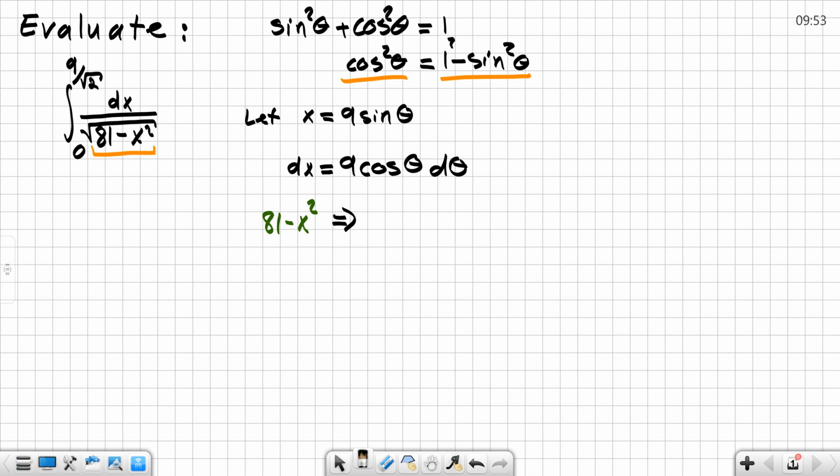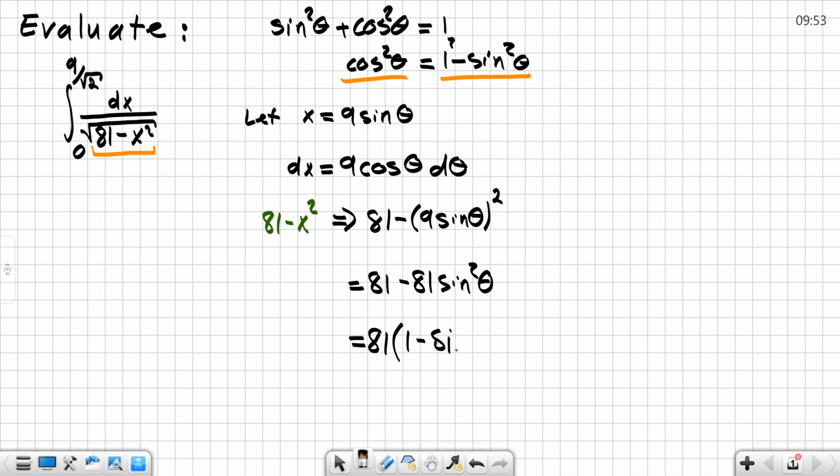81 minus x squared now is going to turn into 81 minus 9 times sine theta, squared, which is equal to 81 minus 81 sine squared theta. And now you also see why we had to choose 9 times sine theta, so that we end up with 81 sine squared theta, because now I can factor and I get 81 times 1 minus sine squared theta.